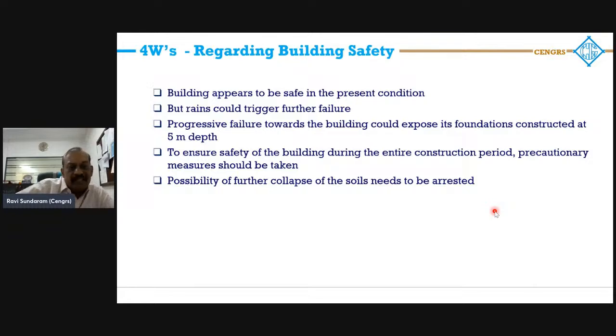Progressive failure towards the building could expose the foundations constructed at 5 meter depth. To ensure safety of that building during the entire construction period, precautionary measures need to be taken. Possibility of further collapse of the soil needs to be arrested.